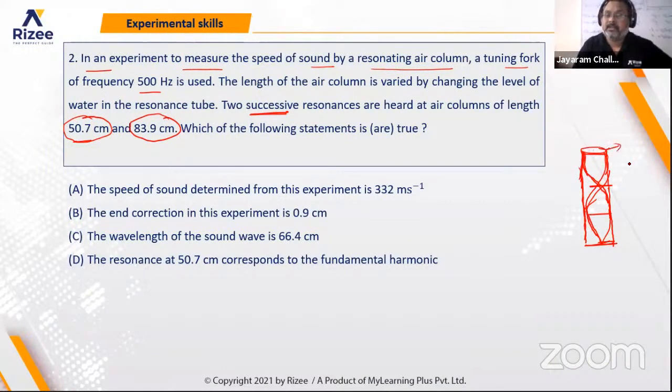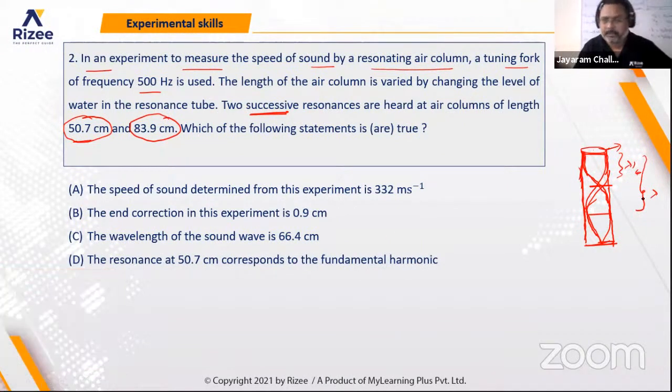This is the first location for the first resonance, where you get lambda by 4. This is the second length, where the second resonance occurs, that means the second antinode forms at this place, written as 3 lambda by 4.